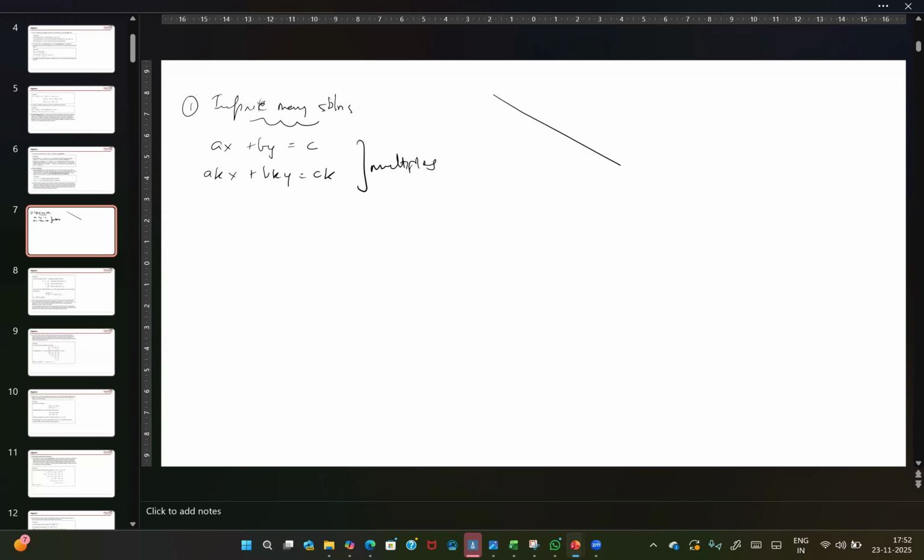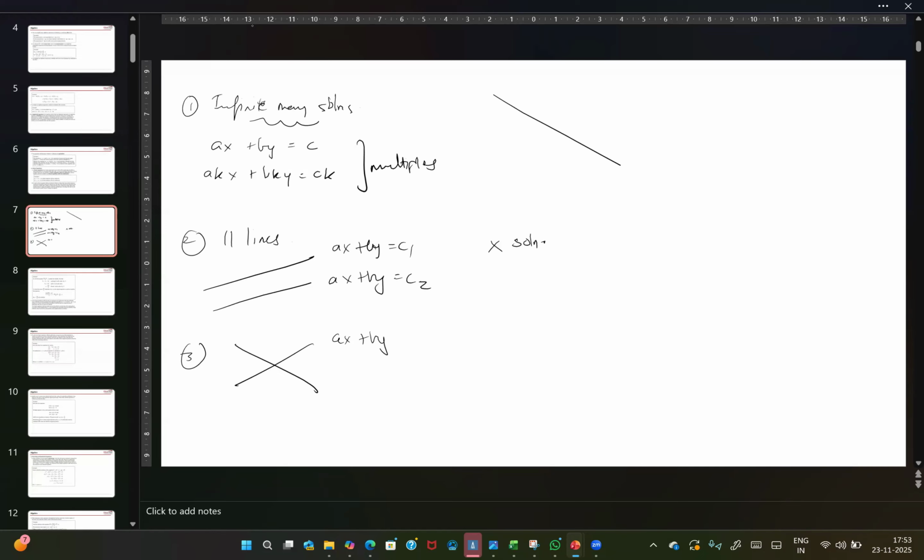Second case is where parallel lines are there, and we have ax plus by equal to c1 and ax plus by equal to c2. These do not have any solution. And third case is where they are intersecting: a1x plus b1y equal to c1 and a2x plus b2y equal to c2. So one solution because they are intersecting.